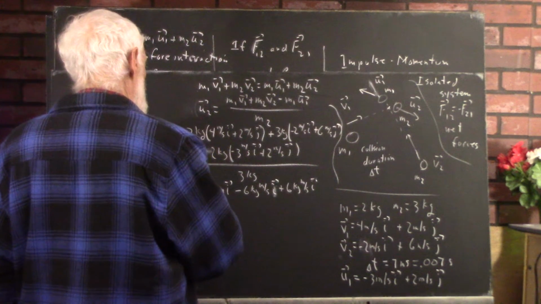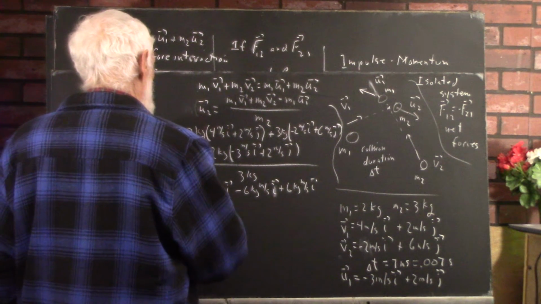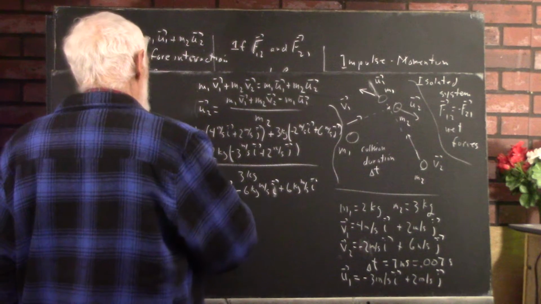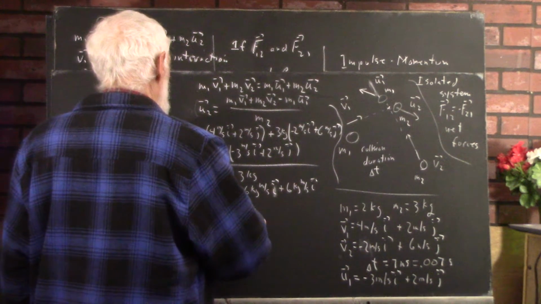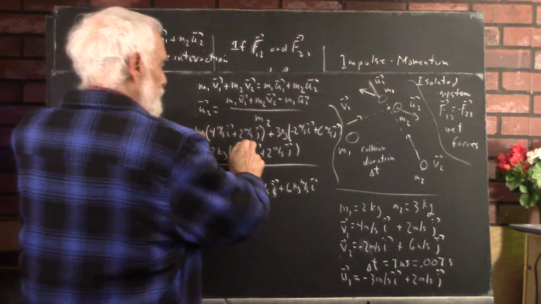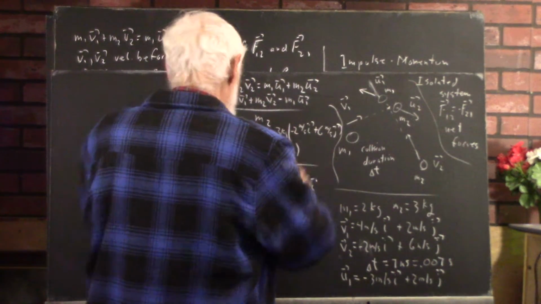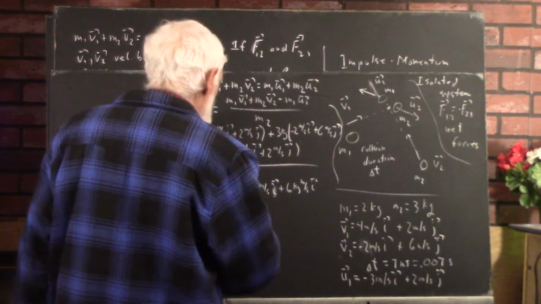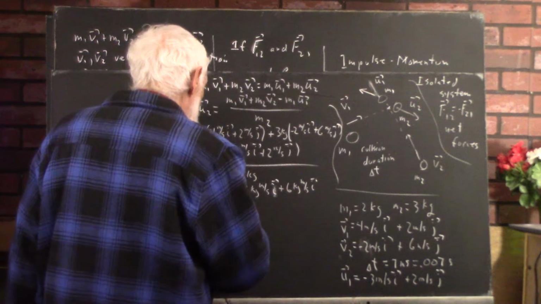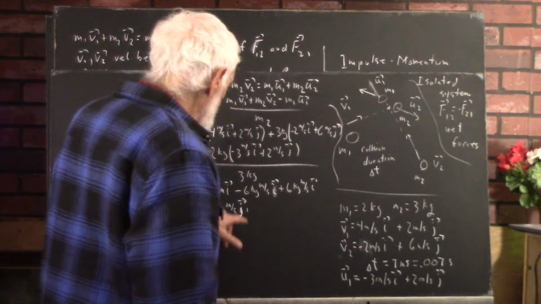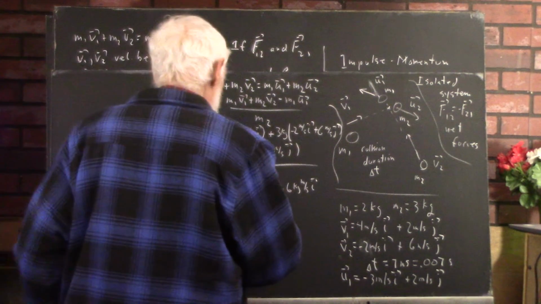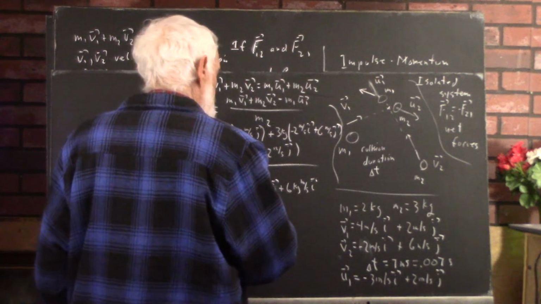And then that's going to be plus 8 plus 4 kilogram meters per second times I here. Over here we're going to get 18. That's times J. You see why I can't work through these things anymore. Just careless. Okay, that's J. See if we can get this one right.